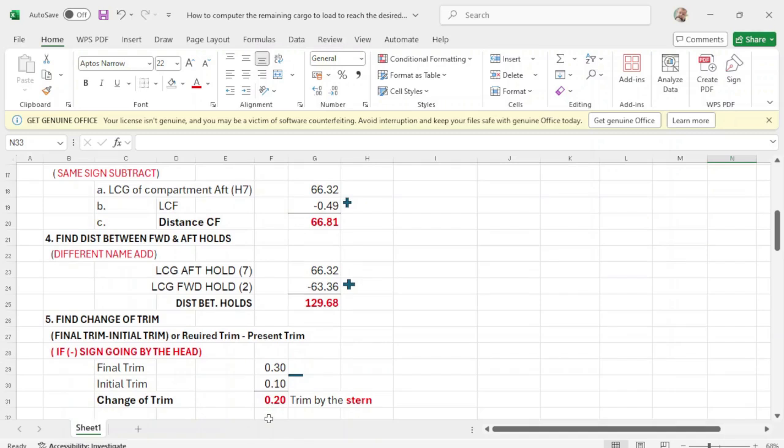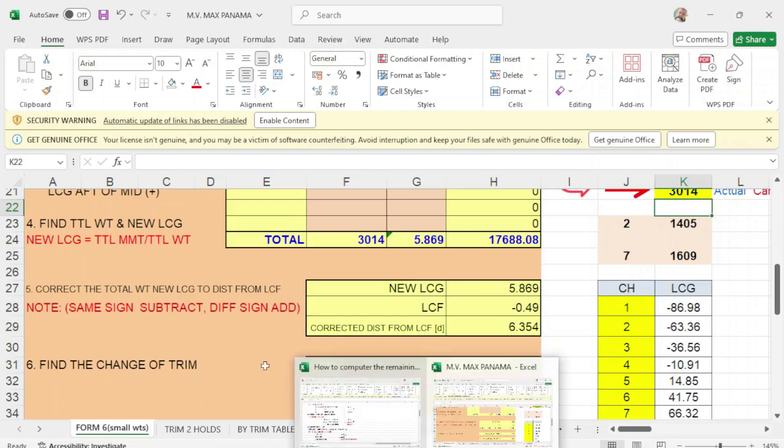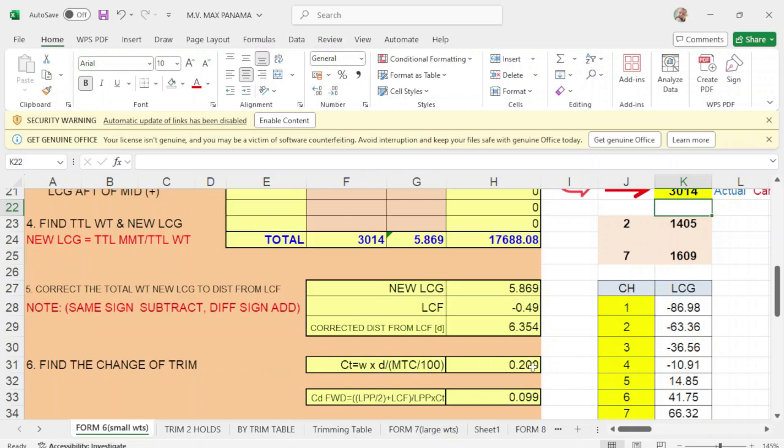simple multiplication or division: final trim is 0.030 and initial trim is 1 centimeters, then your change of trim is 20. But the formula here says change of trim by using this formula, okay? But you can also use this one, okay? So that will be 6. You can try to use this formula that you will still have the same figure of 20 centimeters.